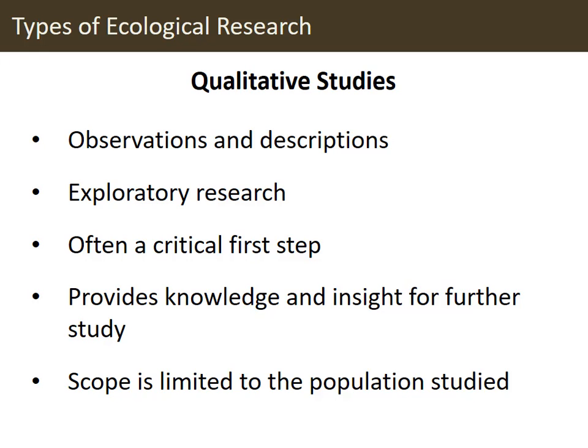You can't go out and observe and describe GCC's forest and then say all forests in Massachusetts are 40% maple, right? It's not extrapolatable. That's not a word, is it? To bigger scales, right? It's that you know something about the scope at which you worked, but you don't know something about the world at large until you compare it to other sites. Does that make sense? Okay.